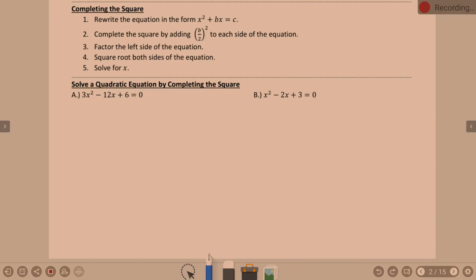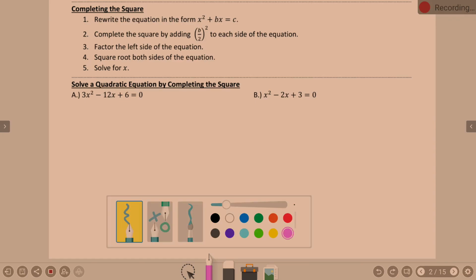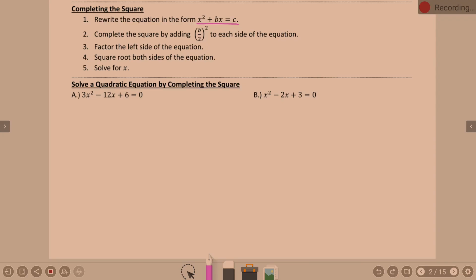So I'm just going to go through step by step. On A, we have 3x squared minus 12x plus 6 equals 0. We need this to be in the form x squared plus bx equals c. There are two things to notice about that form. First of all, it's not equal to 0, is it? It's equal to c, which means your constant needs to move over.